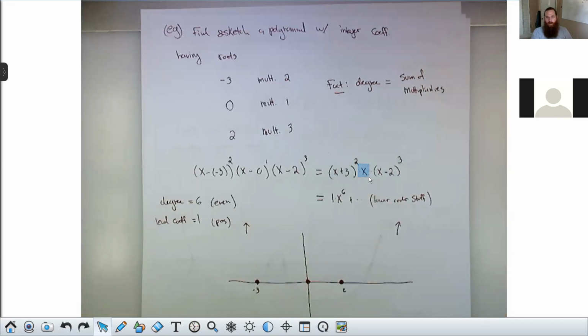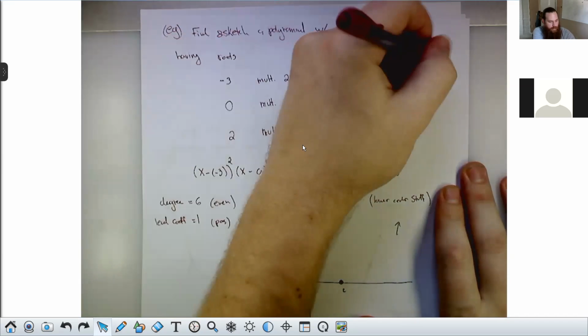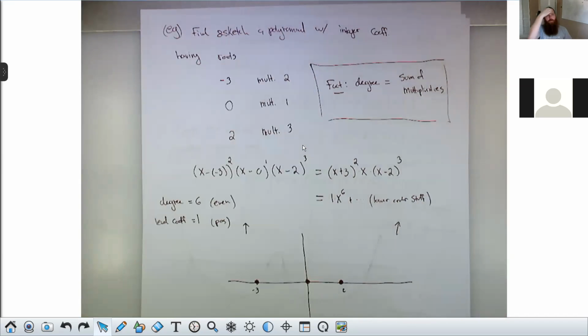Here I've got another factor of x, and then here the highest order term would be x cubed. So the lead term would look like x squared times x cubed, which is x to the 6. Or I could add the multiplicities. 2 plus 1 plus 3 is 6. So this fact is nice. It comes immediately from the definition of multiplicity and basic algebra rules, but it can save you time to think about it that way.